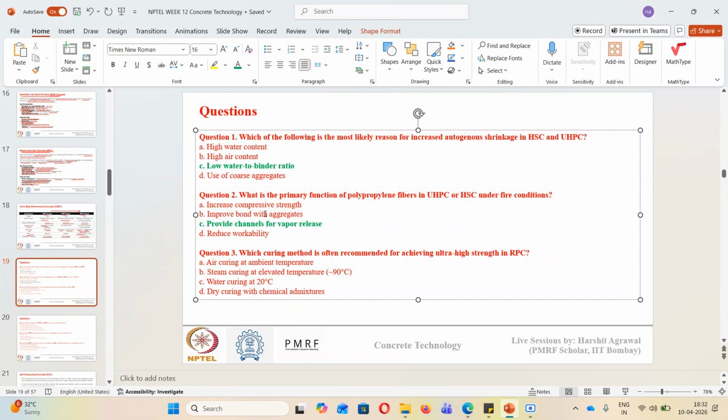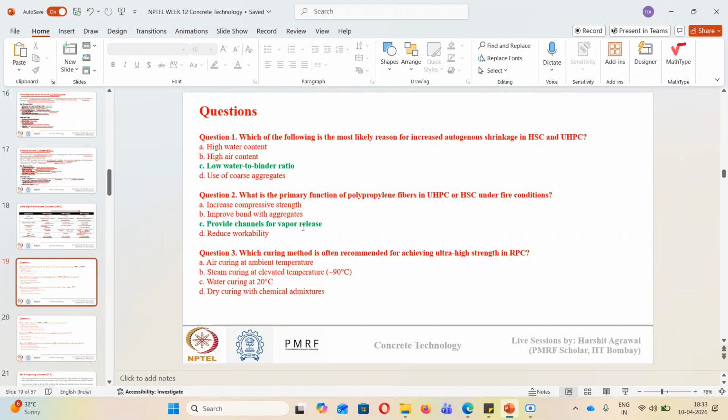So under fire condition, they melt, and since they melt, they leave behind a channel where the vapor pressure can be released. So they reduce the risk of explosive spalling of concrete that can happen in a high strength concrete, and this makes them crucial for fire resistance in high strength or ultra high performance concrete.